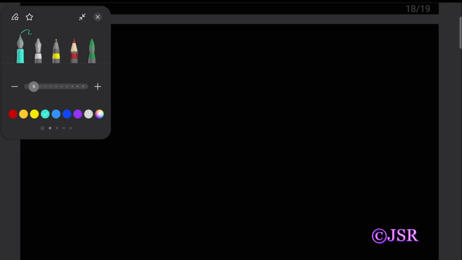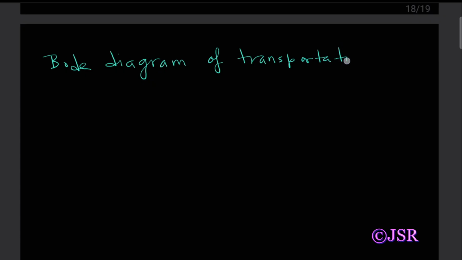So next, let's discuss the Bode diagram of the transportation lag system.